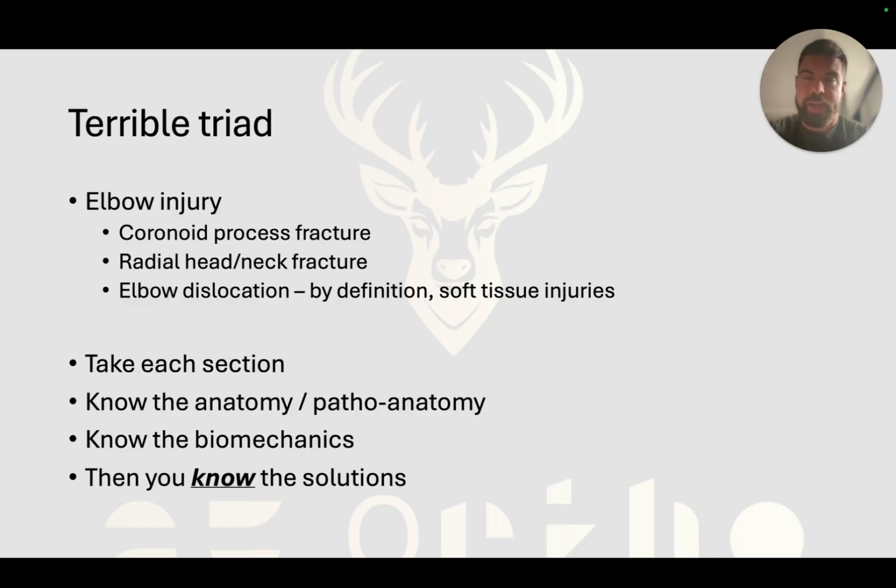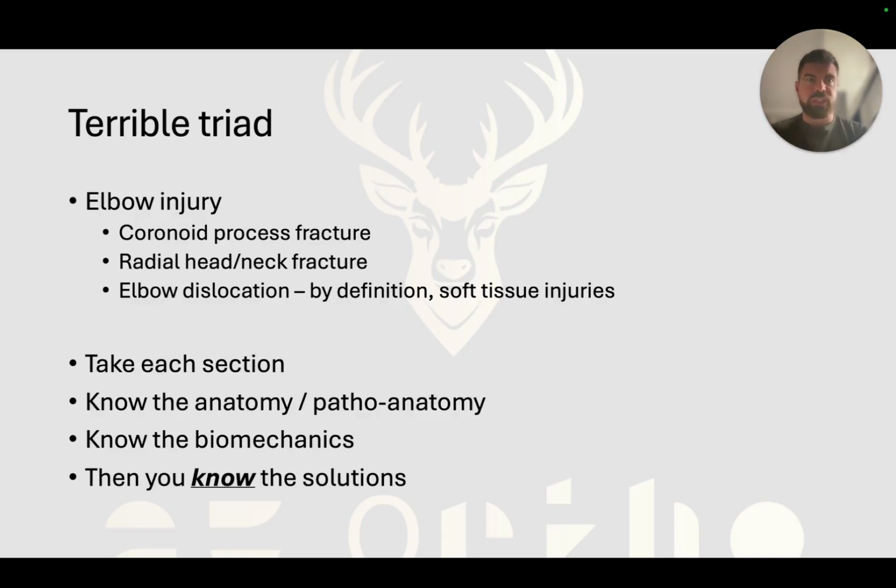A terrible triad is different to a transolecranon fracture of the elbow, with a humeral dislocation through the ulnohumeral joint. That's a very different animal to a terrible triad, and don't just look at them as, it's a smashed elbow, they're thinking, click, terrible triad, and you launch into it.